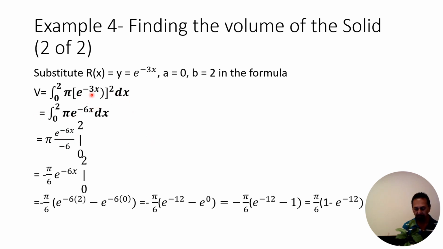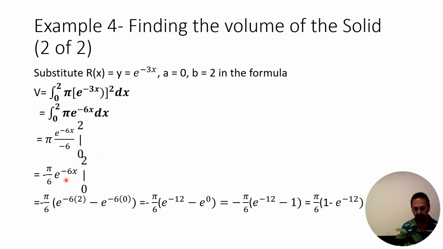So you square this one, here basically you multiply the powers. So they become pi times e to the minus 6x. And then the antiderivative of an exponential function is the exponential function divided by the coefficient of x. So it becomes pi times e to the minus 6x over negative 6.